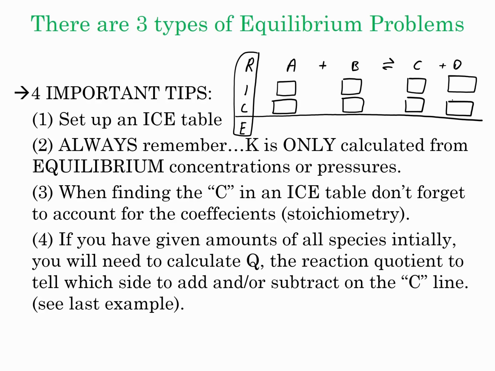It's important to notice these are segments, and you want to put numbers in that correspond to the reactant A. So A will have all these numbers, B will have all these numbers, C will have all these numbers: an initial amount, an amount that changes, and then an amount that exists at equilibrium.